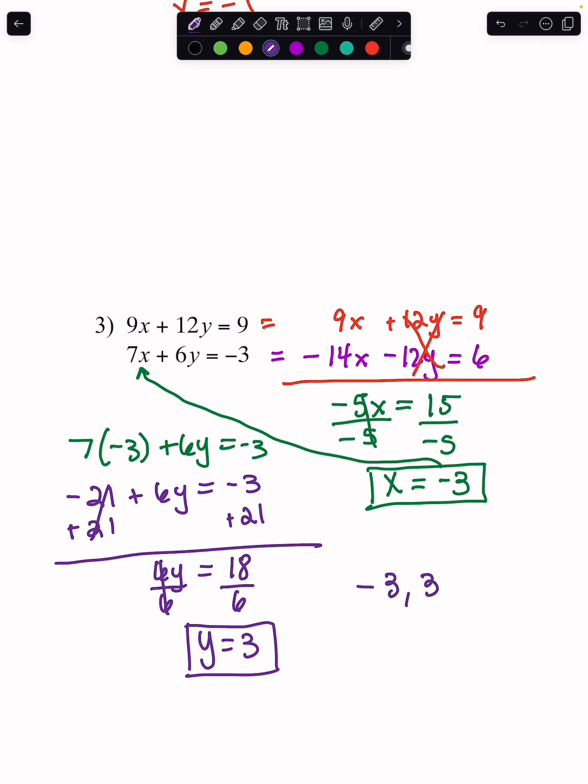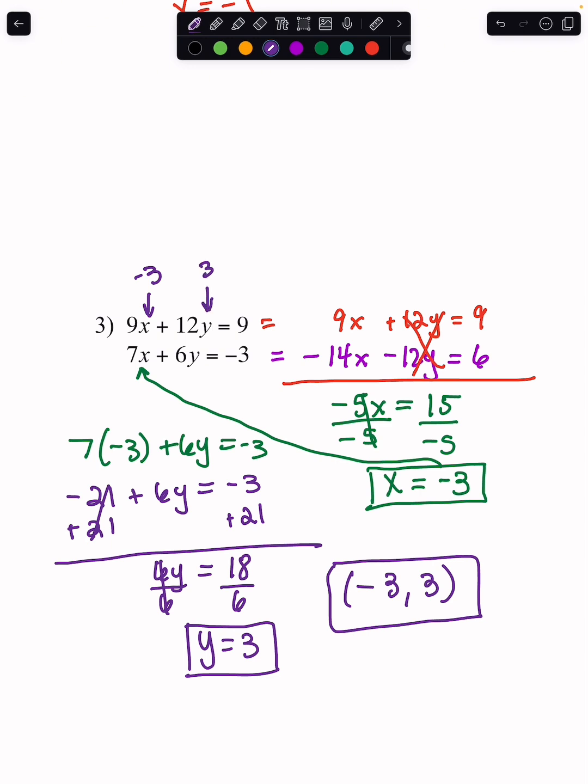And then let's just do a quick check. This is how you check to make sure your answer works. Your answer has to work for both of them. But because we used the bottom to check, let's plug the negative 3 and positive 3 into the top one and see if it works. So if I put a negative 3 right here and a positive 3 right here, let's see if we end up with 9.